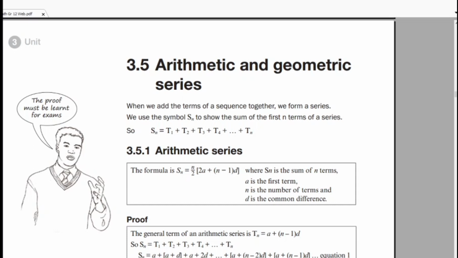So namhlanje sidiscussa i-arithmetic and geometric series. So kulama lesson adlulile sidiscusse i-arithmetic sequence, geometric sequence and a quadratic sequence. Sithe i-arithmetic sequence sibona ngokuthi sine common difference. I-geometric sequence sibona ngokuthi sine common ratio.